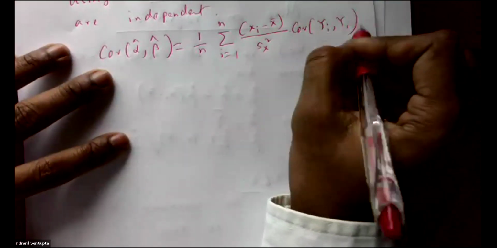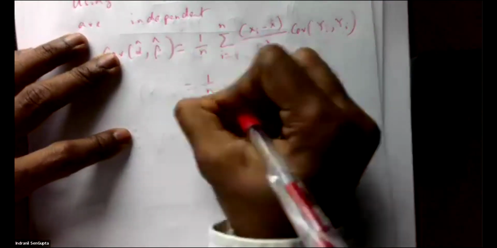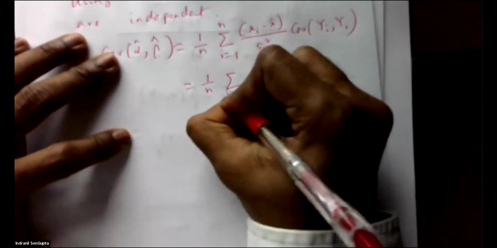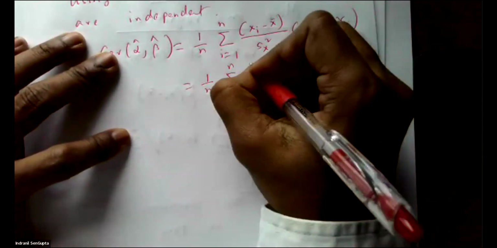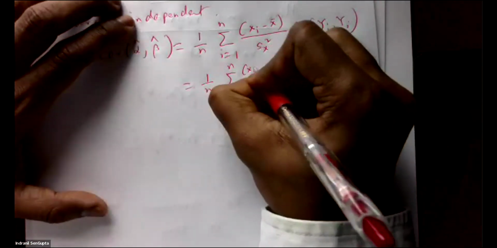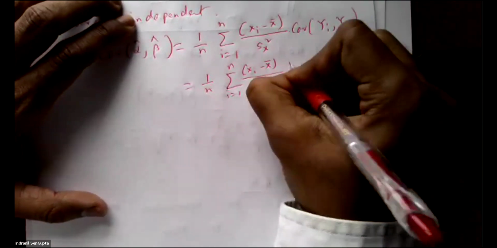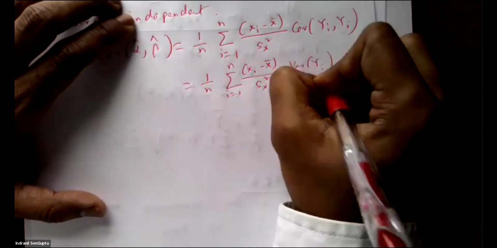And what is this one? It's the variance of y, right? So this is 1 over n summation i from 1 to n (xi minus x bar) over sx squared, and this is the variance of yi.